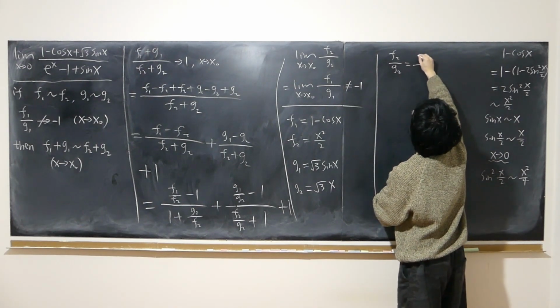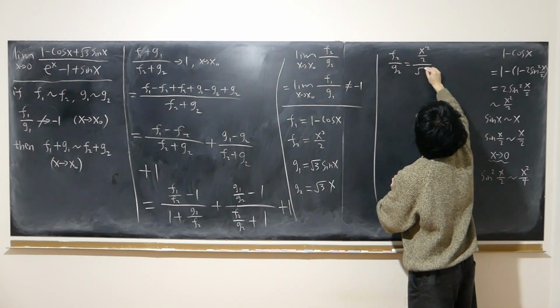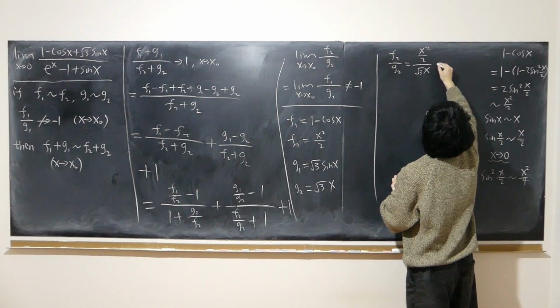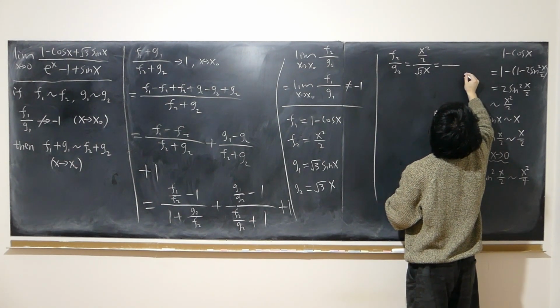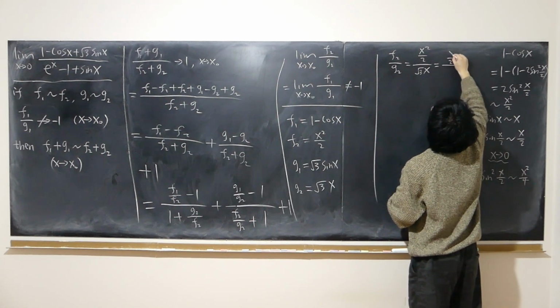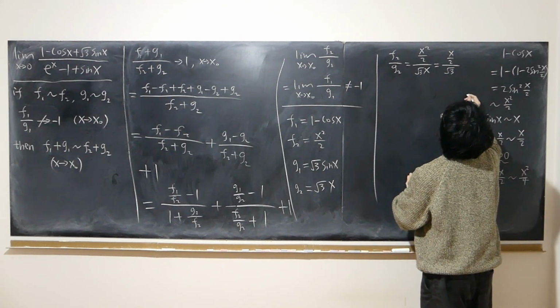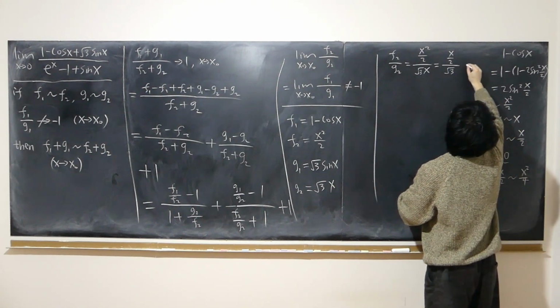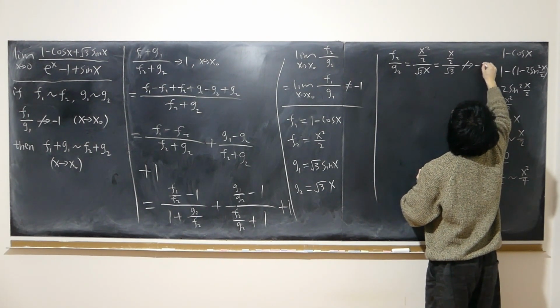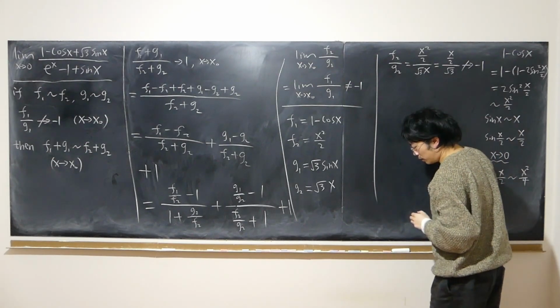That is half of x over square root of 3 x. Is it approaching negative 1 as x approaches 0? No. All right, so we're safe.